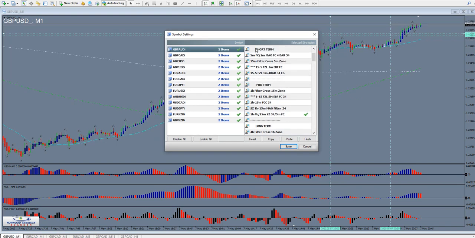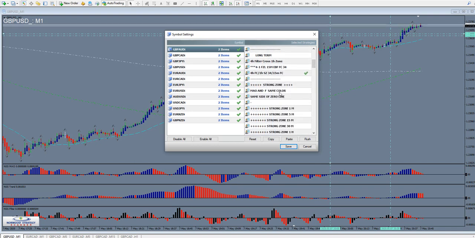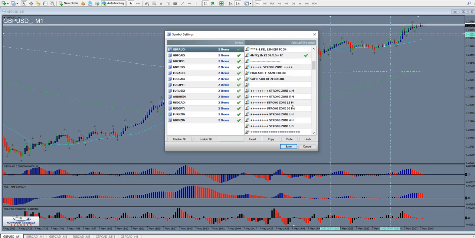Here are the main strategies that use multiple time frames before the scan will even go off. Down here, here's a strong zone: the 1 minute, 5 minute, 15, 30, 1 hour, 4 hour, and so forth. That's the strong zone, and that's only using one time frame, one indicator that is going to go off.